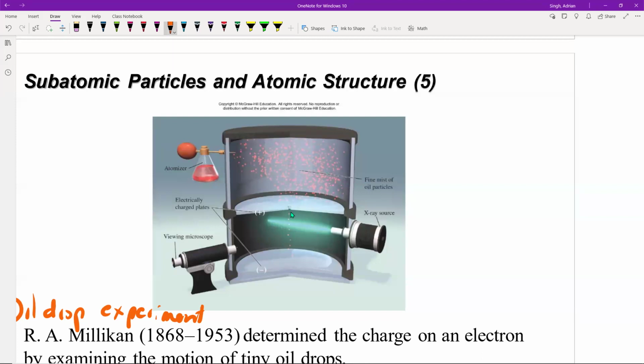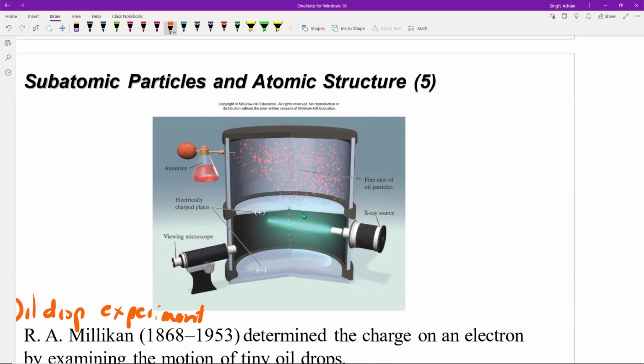And then he could suspend these oil particles by varying this electric field. So depending on what charge these particles adopted by falling through here, he was able to suspend them in this device, in this oil drop experiment.